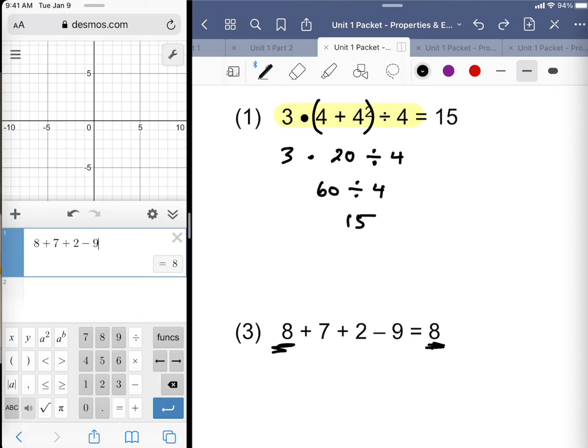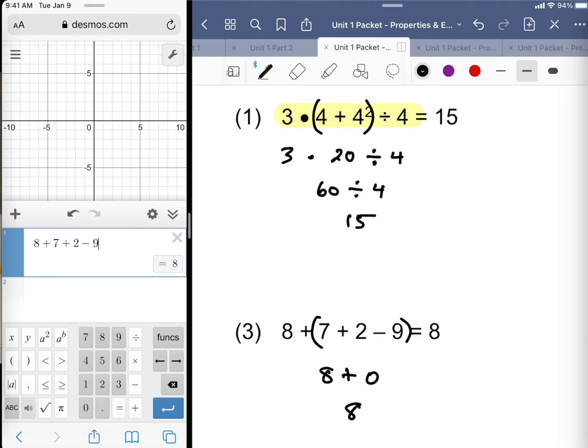So let's see if they actually equal 0. 7 plus 2 is 9 from left to right, and 7 plus 2 is 9, minus 9 is equal to 0. 8 plus 0 is equal to 8, so we're good to go. It may not pop off the page at you, but with experience, it starts making a lot more sense.